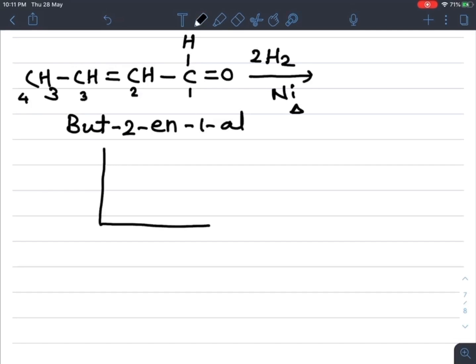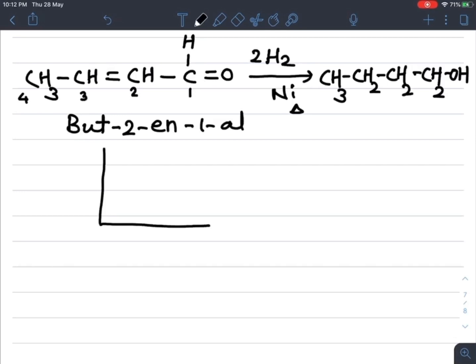So what do we get as the product? The complete reduction product is formed, that is CH3. Here 1 hydrogen is added to each carbon of the double bond, converting it into a single bond. Here 1 hydrogen is added to the carbon, and O is converted into OH. So we get the corresponding 4 carbon containing alcohol.